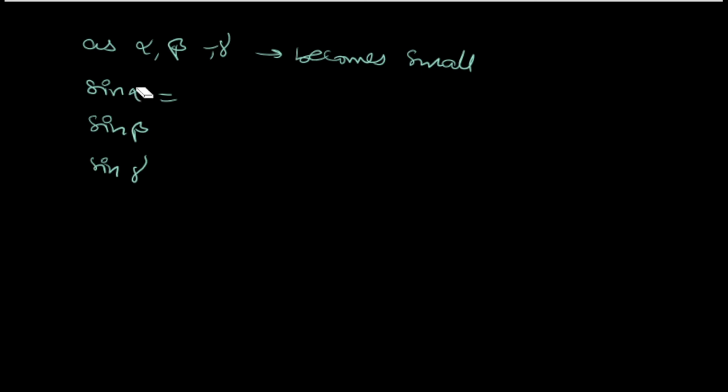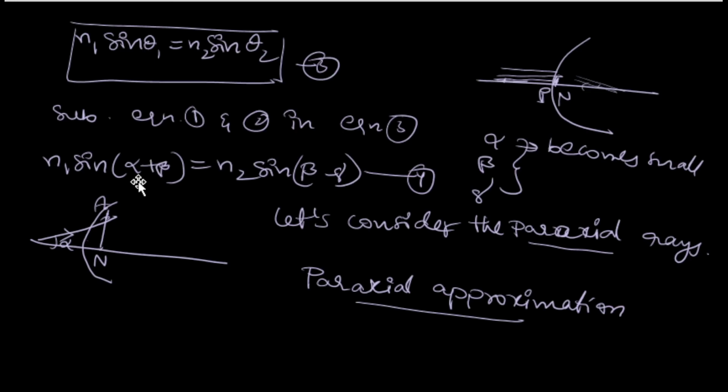But here we have sine of alpha plus beta and sine of beta minus gamma.